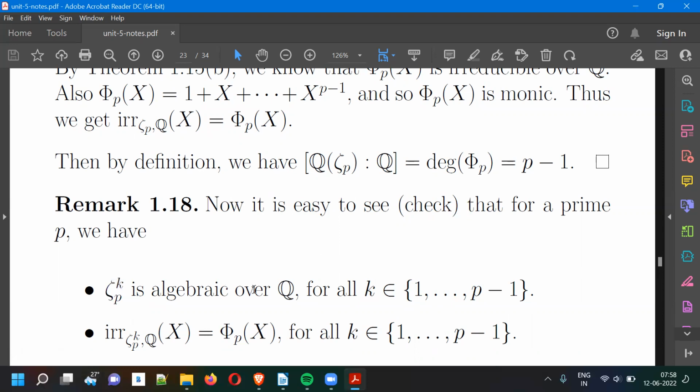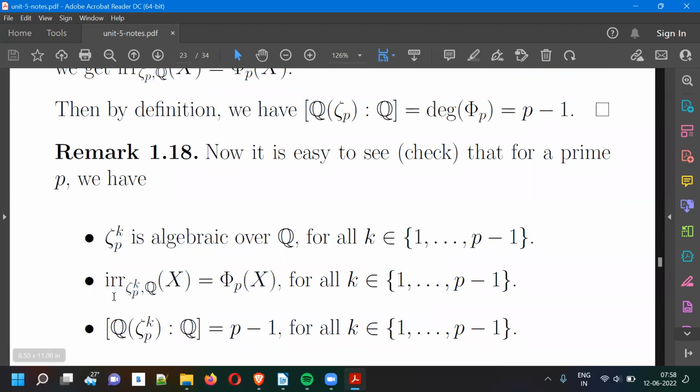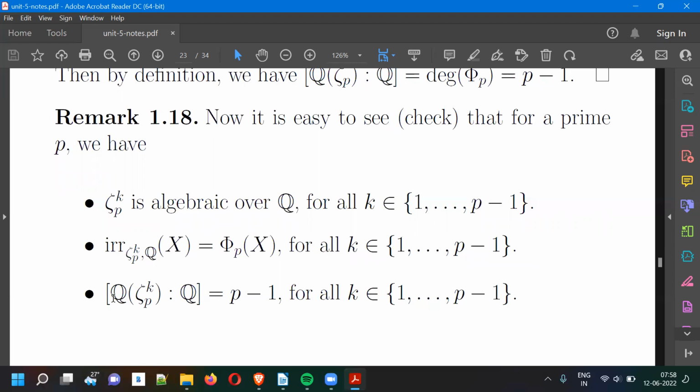So we'll immediately get that zeta p raised to k is algebraic over Q. The minimal polynomial of zeta p raised to k is equal to phi p of x. And again, the extension Q(zeta p raised to k) over Q has degree p minus 1. Same argument, because the minimal polynomials of all of these are the same. Okay. So just check this yourself. I have written this as a remark here.